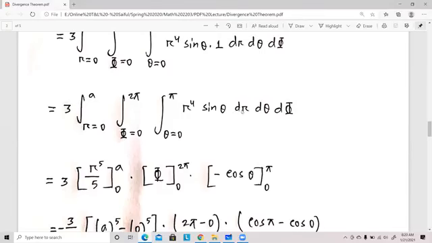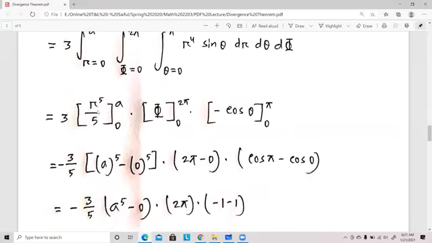Since there is no function of phi, the operator is only d phi. So if we integrate d phi, it will be phi, and the range of phi will be 0 to twice pi. And finally, if we do integration sin theta d theta, it will be what? Minus cos theta. Good. And the range will be 0 to pi.